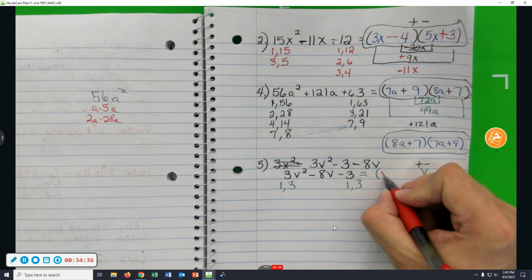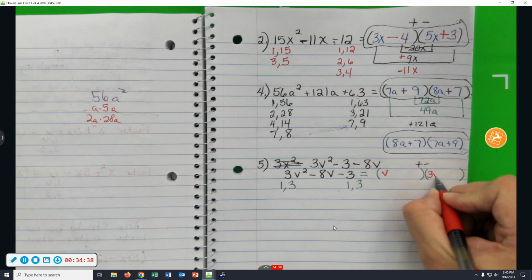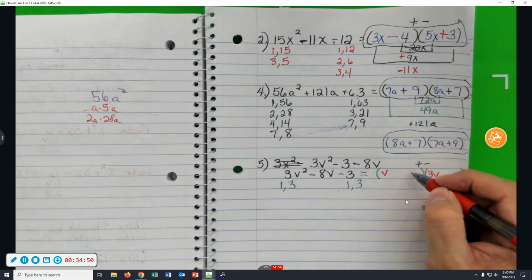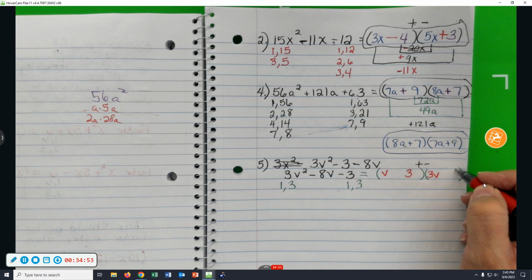I'll try b times 3b in the first position. Having done that, there's only one other way we can arrange. What's going to go here? The 3 will go there, and here, the 1.